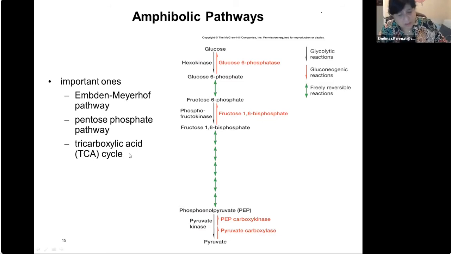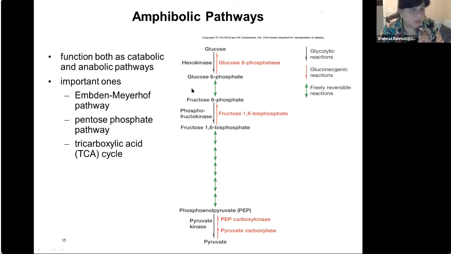So just establishing that the cell definitely prefers to have amphibolic pathways, so that some of the enzymes can be used commonly for synthesis as well as for breakdown, and entering a few exceptional ones for each pathway is what we'll be studying now. Okay, so amphibolic pathways function both as catabolic and anabolic pathways is what we established.